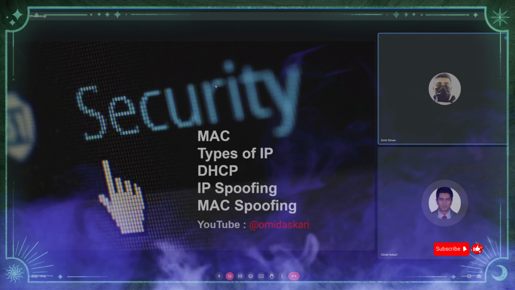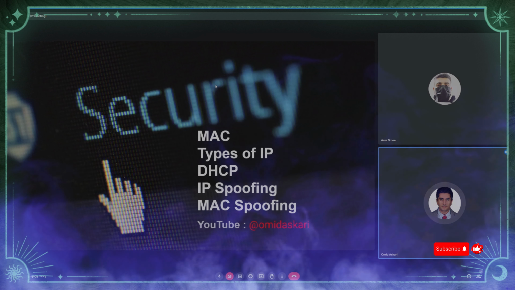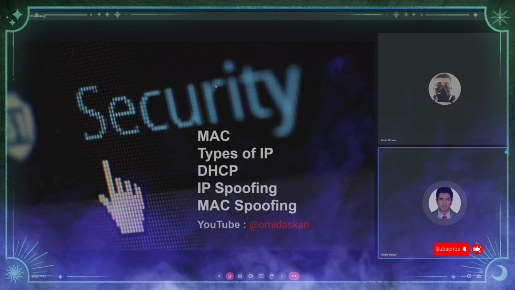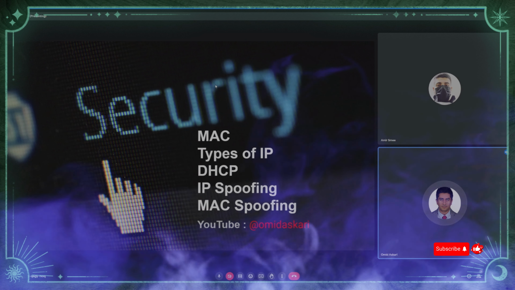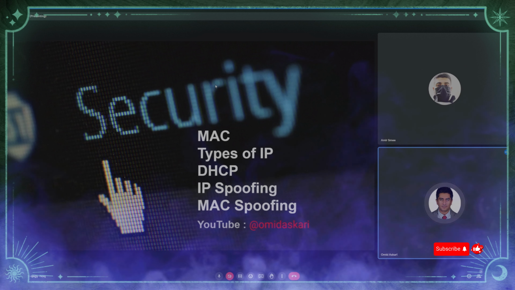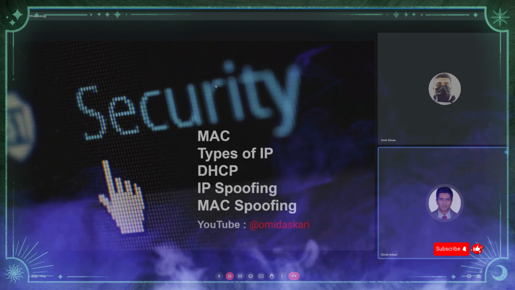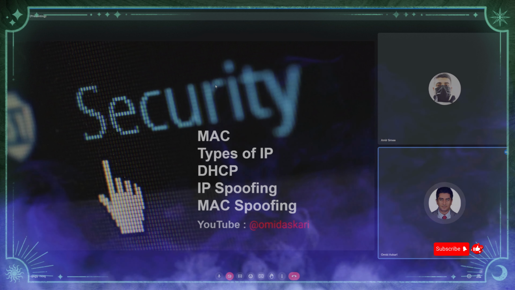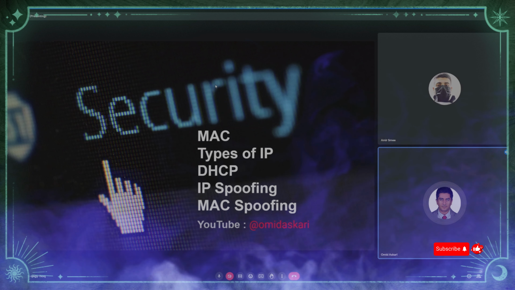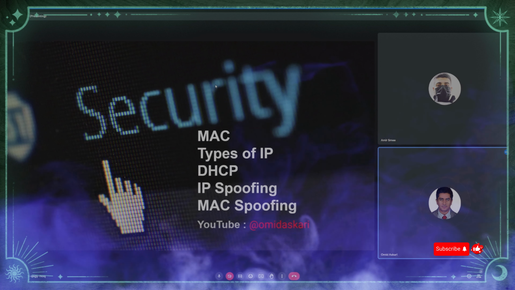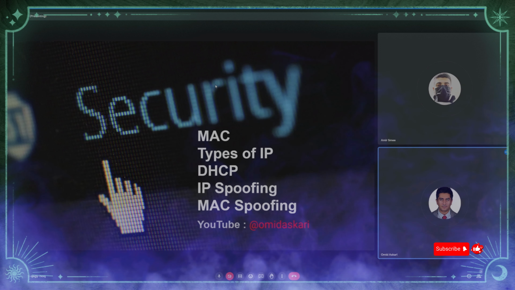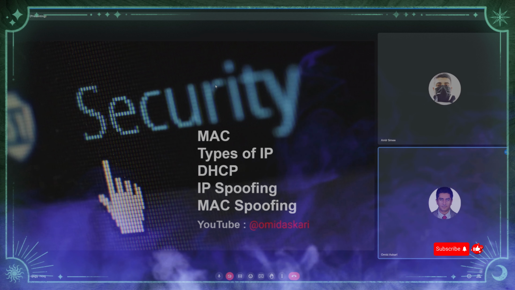But reverse engineering IP and MAC spoofing attacks can be a complex and time-consuming process, but it can be valuable in identifying the source of an attack and developing mitigation strategies. This is for advanced, not beginner.